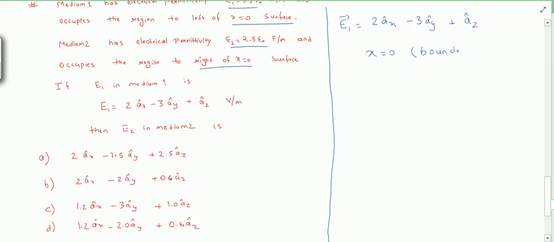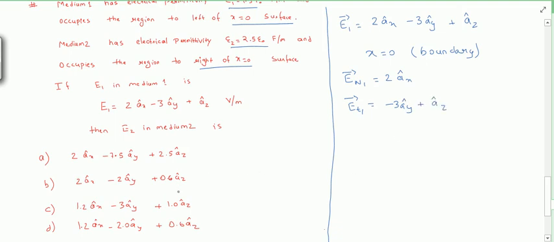So what will be the normal component for the x equals to 0 boundary surface? Obviously the x direction component will be the normal for this x equals to 0 boundary surface. So the normal component En1 will be 2ax cap, and the other one remaining will be the tangential component, that is minus 3ay plus az cap.